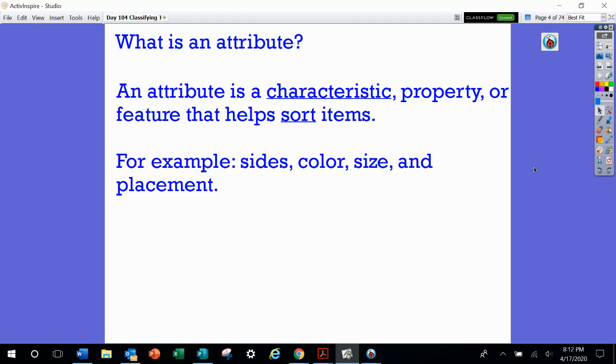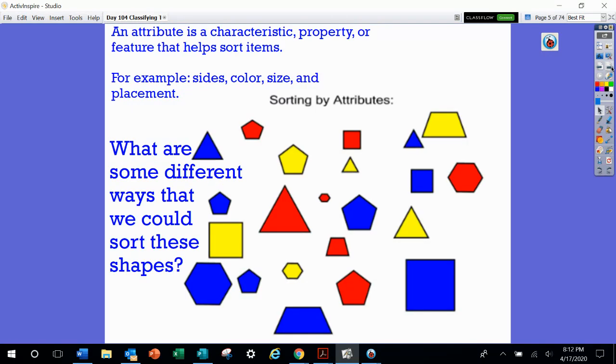So for example, if I'm talking about how many sides something has, that's an attribute of the shape. If I'm talking about its color, its size, is it large or small, or its placement, maybe its direction or position, I could sort it based on that characteristic or that attribute, okay?